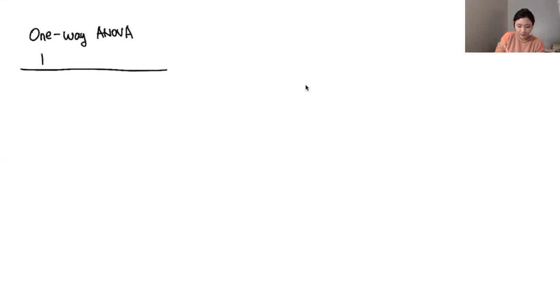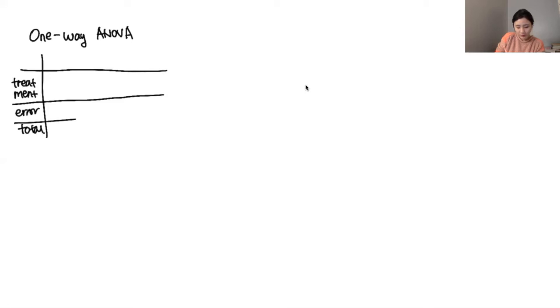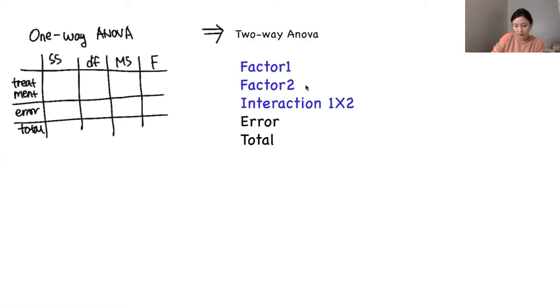In both the hand calculation table and the SPSS result table, the one-way ANOVA table has the rows treatment, error, and total, with sum of squares and degrees of freedom. For two-way ANOVA, the table has many more rows.